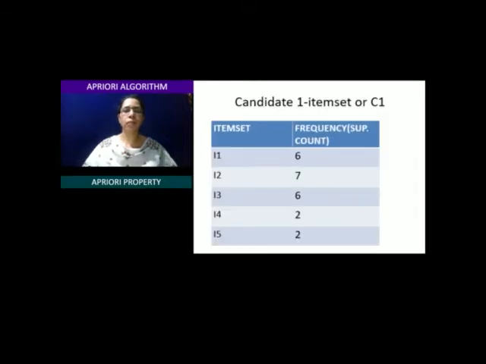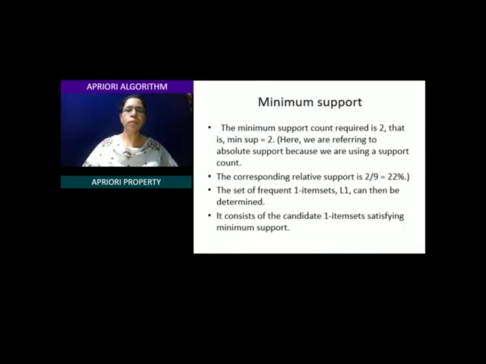This is candidate 1 item set or C1. Here the items and the corresponding frequency values are given: I1 6, I2 7, I3 6, I4 2, I5 2. Now the minimum support count is given as 2.